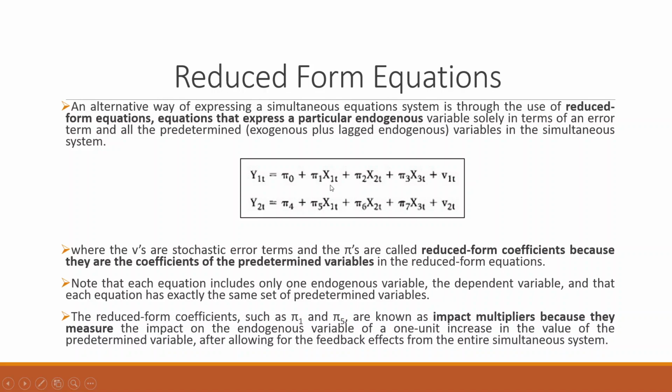You should not include any independent variable as endogenous in the equation, and each equation has exactly the same set of predetermined variables. The reduced form coefficients such as pi 1 and pi 5 are known as the impact multipliers because they measure the impact on the endogenous variable of a 1 unit increase in the value of the predetermined variable, after allowing for the feedback effects from the entire simultaneous system.